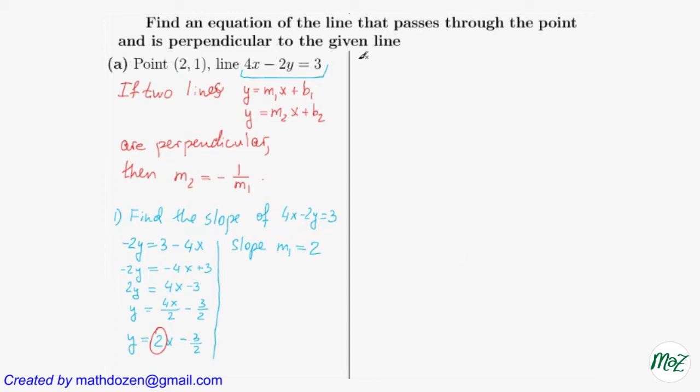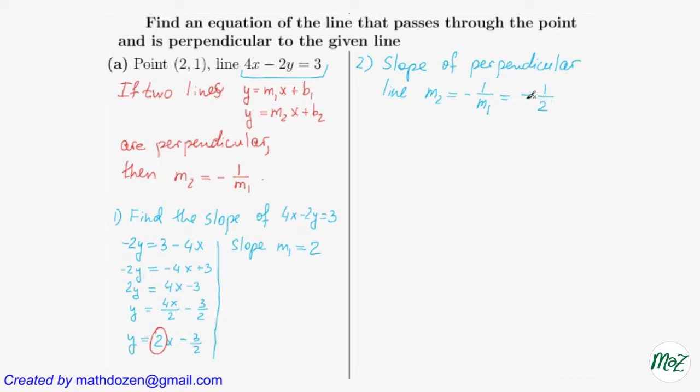Now we can find the slope of the second line. The slope of the perpendicular line, m2, is equal to the negative reciprocal of m1. It happens to be negative 1 divided by 2.